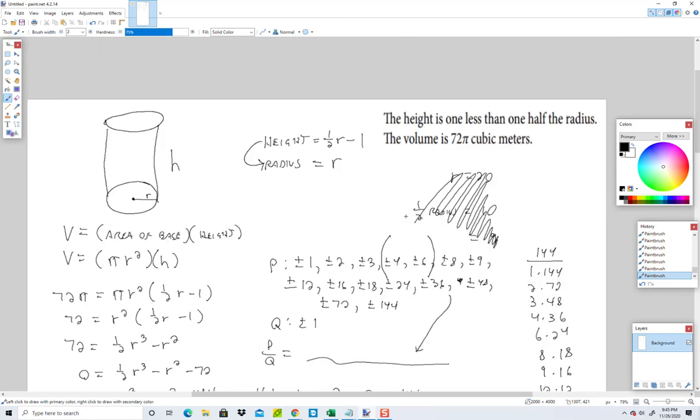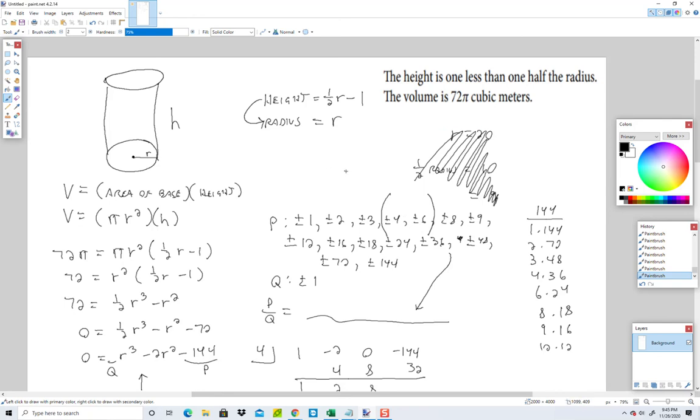All right, let's come up here. R is equal to 6. Now this would be 1/2 times r. So I got 1/2 times 6 minus 1. 1/2 times 6 is 3, minus 1 would give me 2. That tells me my radius is 6 and my height is 2.